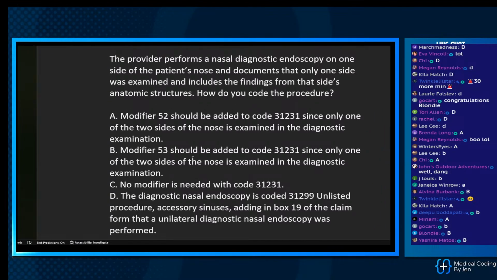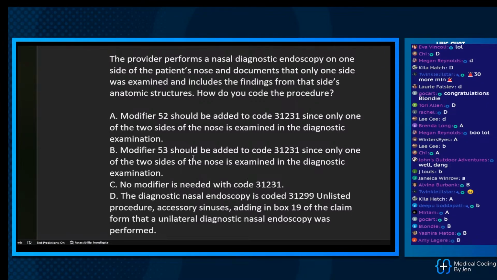The provider performs a nasal diagnostic endoscopy on one side of the patient's nose and documents that only one side was examined and includes the findings from that side of the anatomic structure. How would you code the procedure?